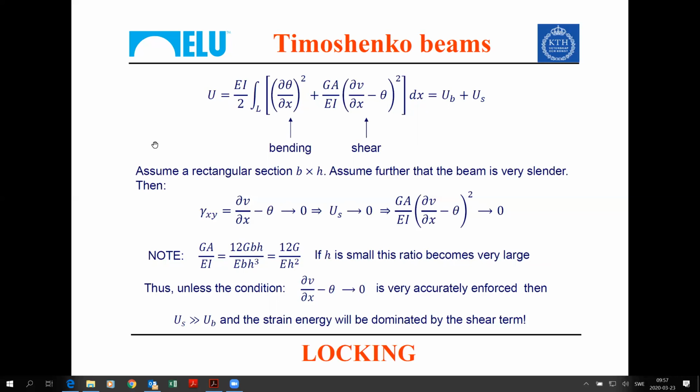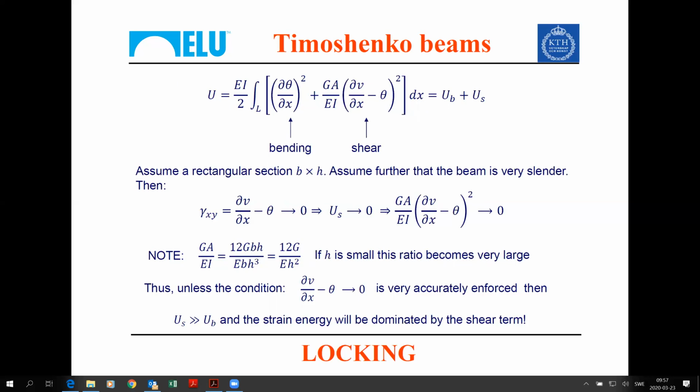Assume now that we have a rectangular section, that the cross section of our beam is rectangular. So it's B times H, where H is the height of the beam. Assume also that the beam is very slender, so the height to length ratio is very small. This happens for slender beams, slender columns.